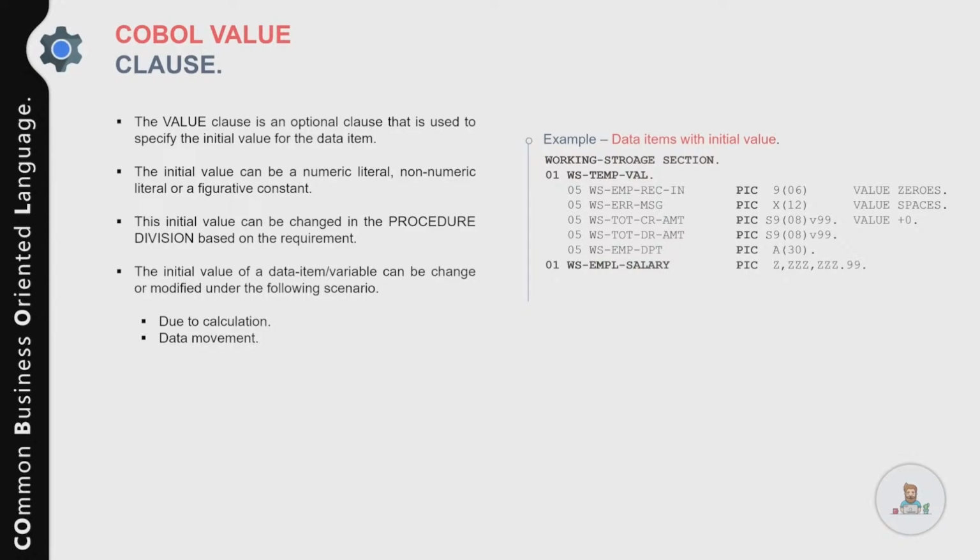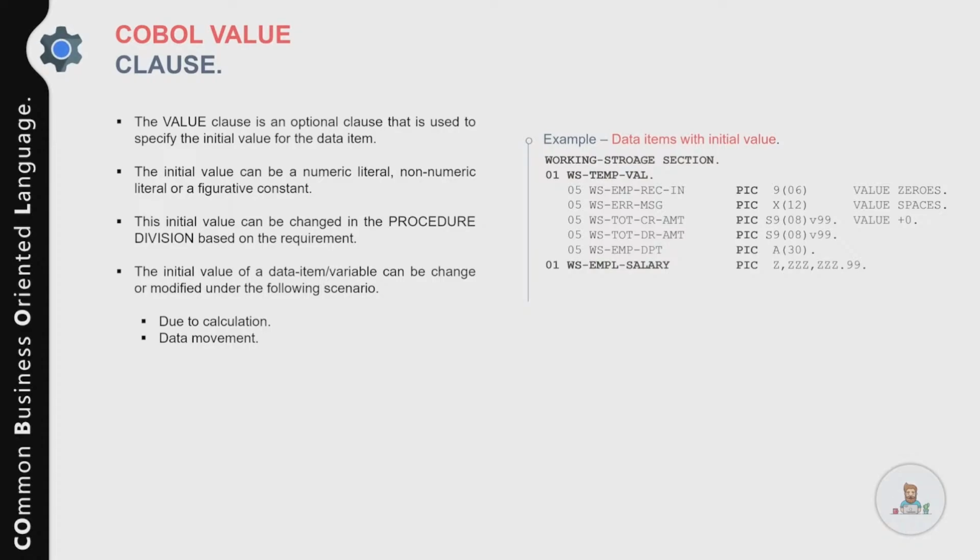So again, we have a working storage section, and there are two different variables that we have defined here. The first one is a group variable, that is ws-temp-variables, and that includes a couple of elementary items. The first one is ws-emp-rec-in, and this is 9 of 6, and we have assigned an initial value of 0 to it.